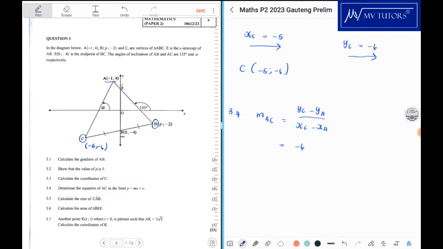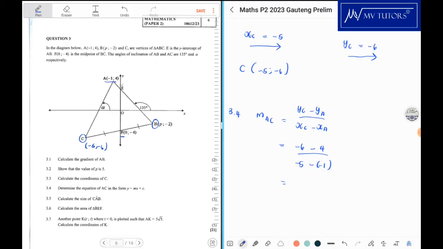So guys, if you made a mistake somewhere, unfortunately, you're going to carry forward with that error. But at least they will give you some marks. Just to say that at least you know what's going on. It's just your answer will not be correct. Okay, so there we go.